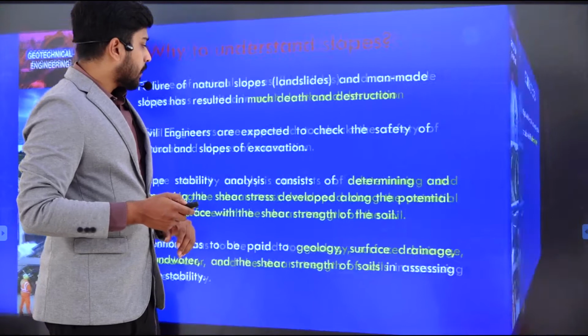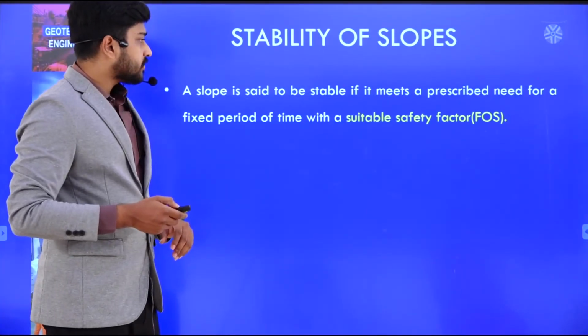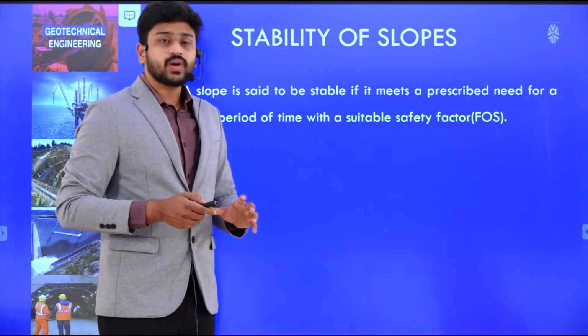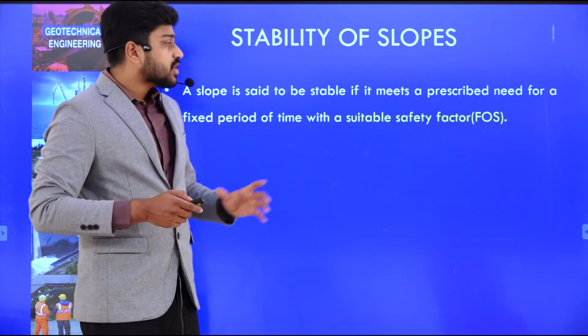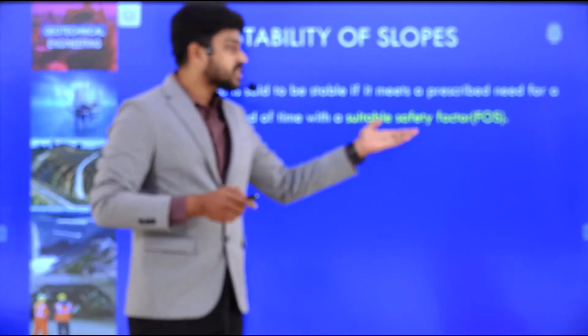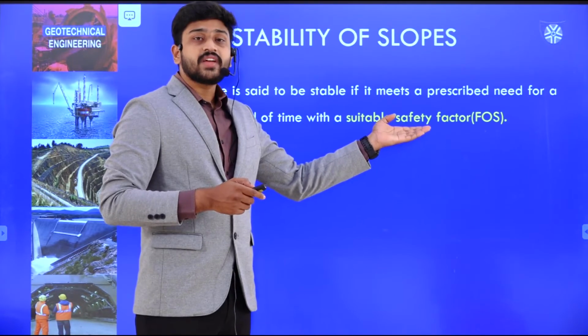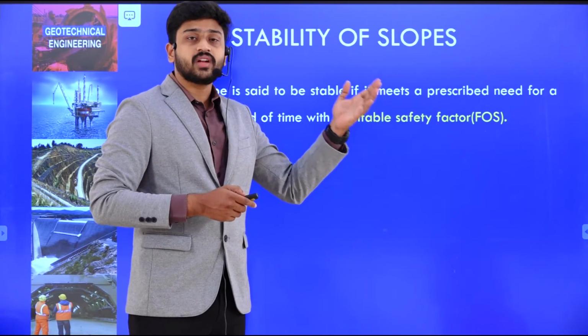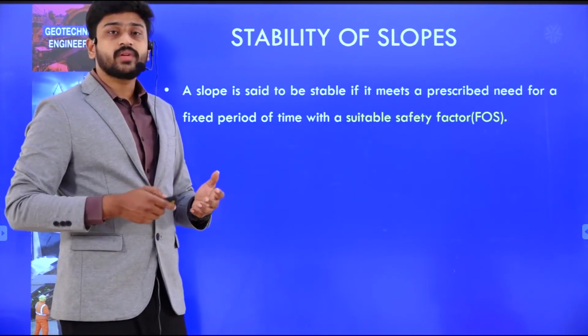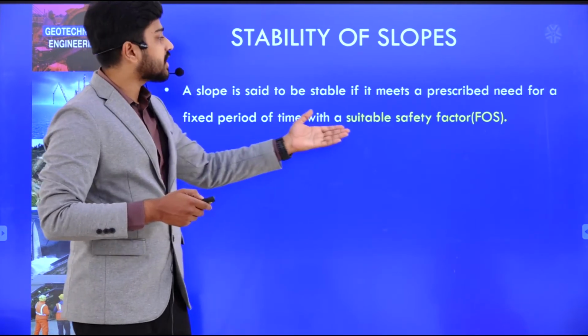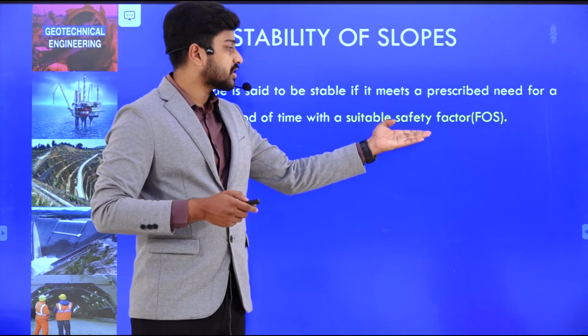Now, as I've stated, we need to understand this in terms of safety. So there is an entity which is used, that is the safety factor. For understanding this slope stability analysis, we will consider this entity, the safety factor.